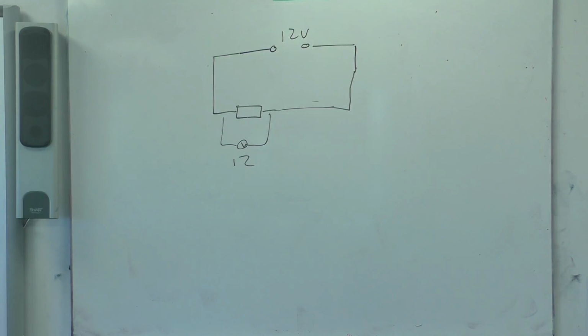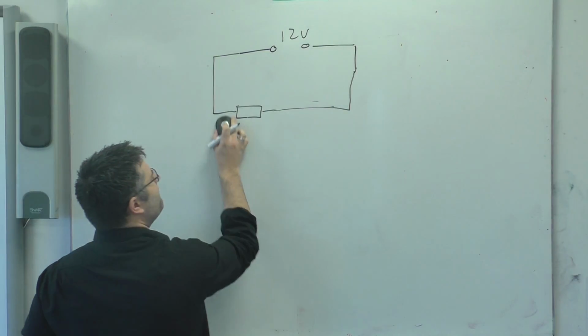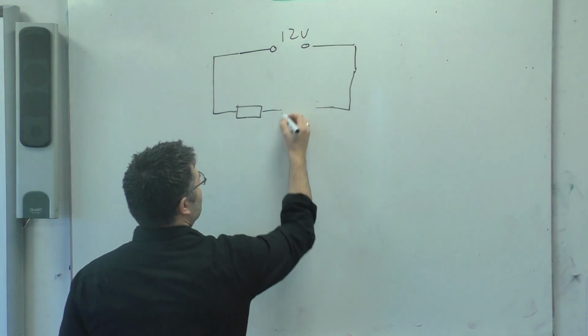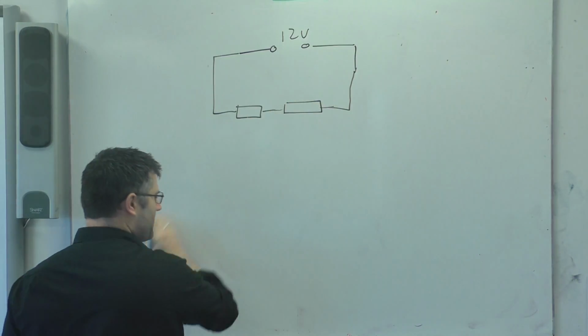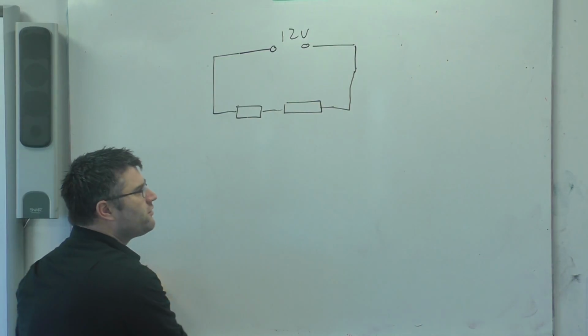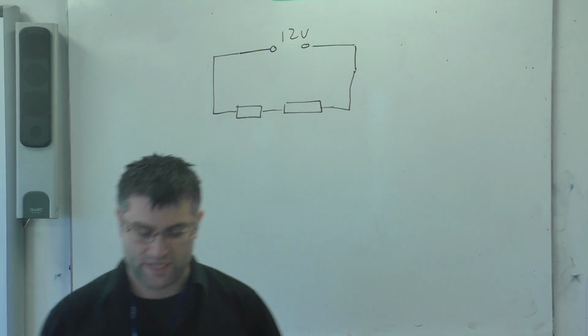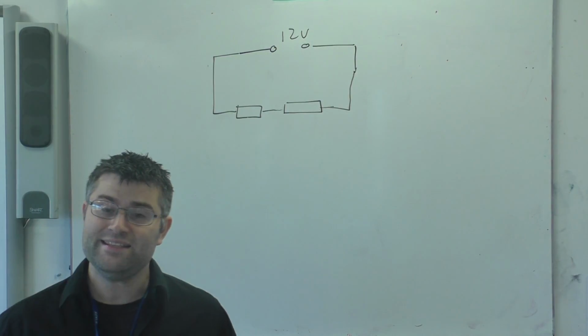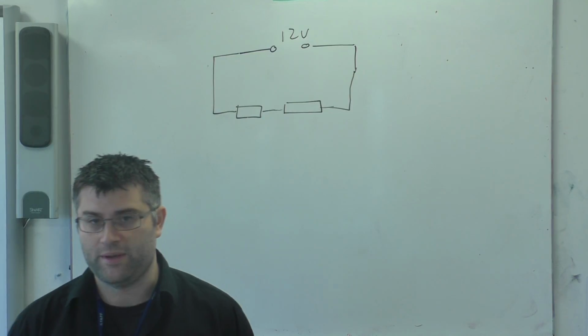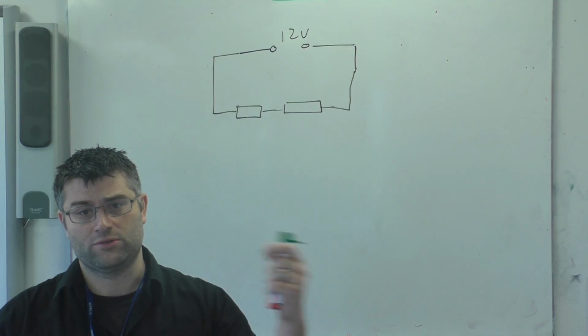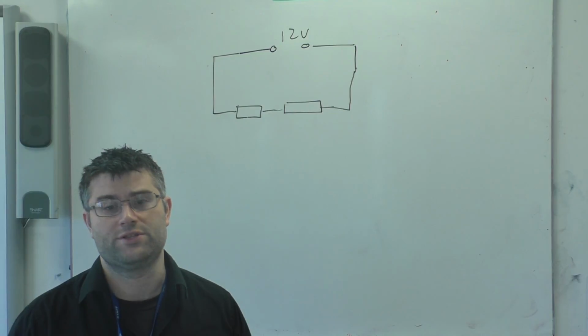So in terms of a potential divider circuit, what we're talking about here is where we've got two resistors. Now, you might have already realised from doing experiments in class that if you've got identical resistors in a circuit, then you would expect there to be identical potential differences across the two resistors.